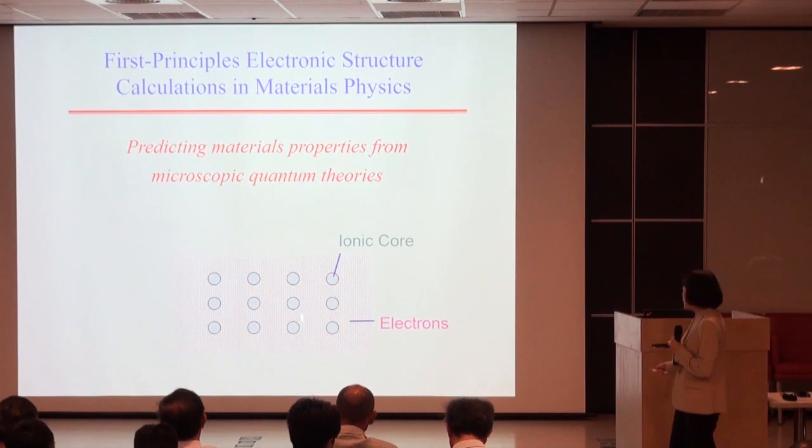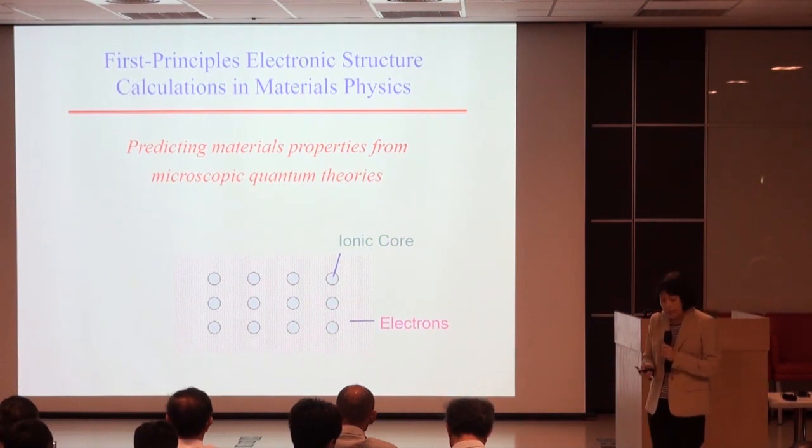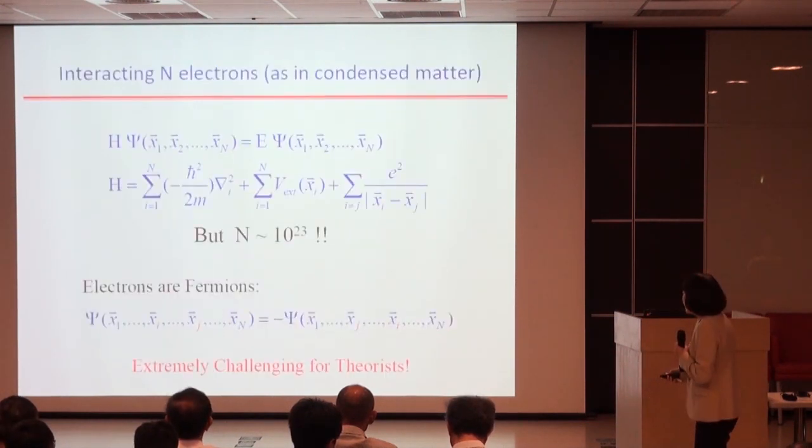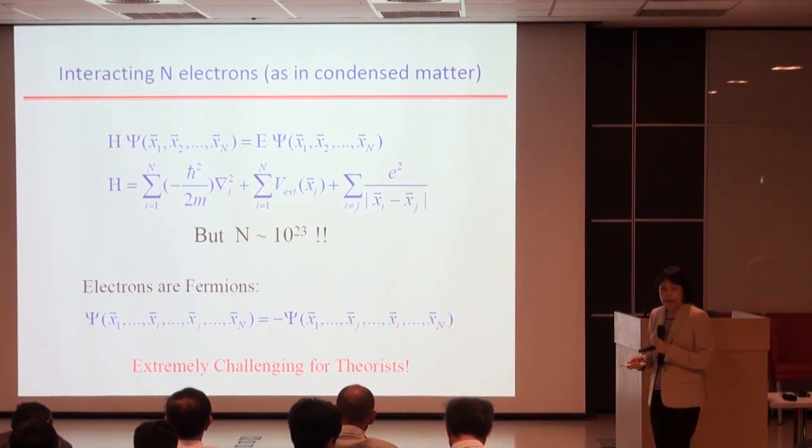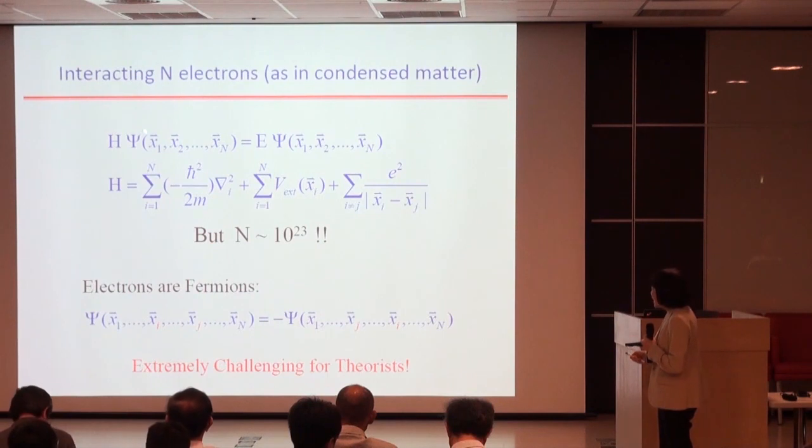So we have those atoms, with ionic cores and an electron cloud around those cores. This is a very, very challenging problem because we have to deal with a lot of interacting electrons, even though we know the Hamiltonian.